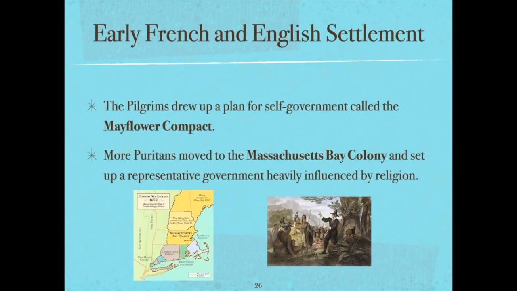The Pilgrims drew up a plan for self-government called the Mayflower Compact. More Puritans moved to the Massachusetts Bay Colony and set up a representative government heavily influenced by religion.